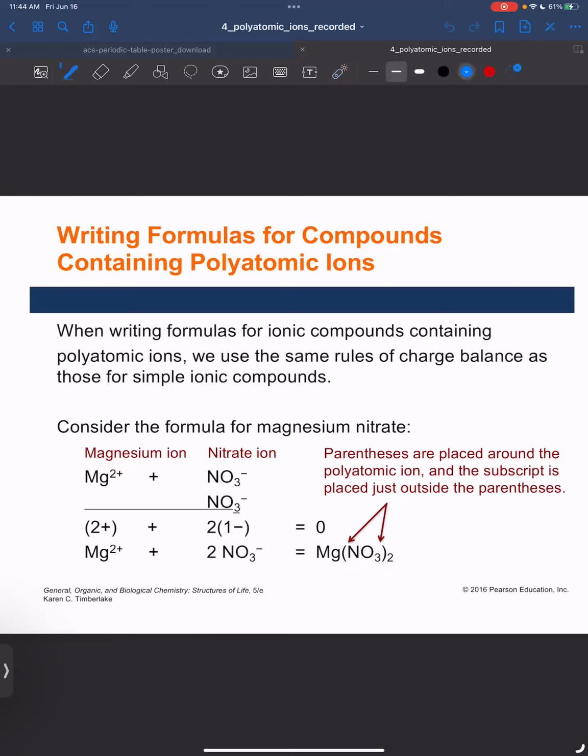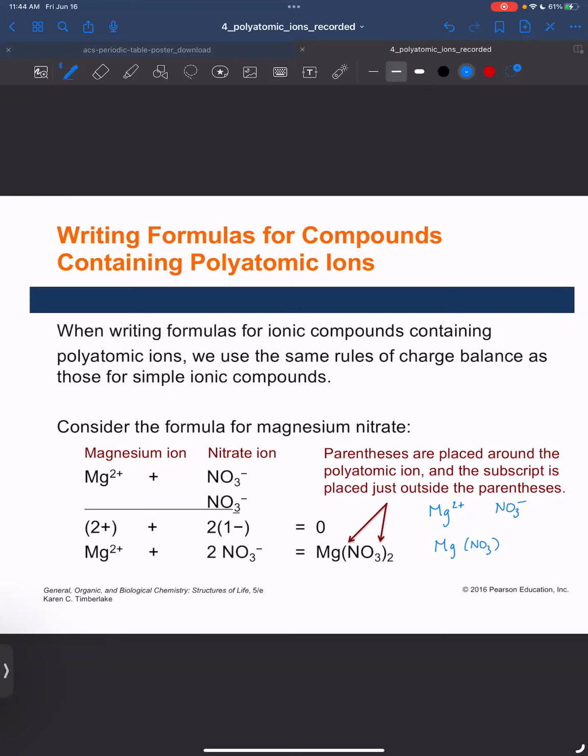Another way to think about this, rather than doing the algebra, is the crisscross rule. I like to have students just write down the cation and the anion, and then immediately always put parentheses around the polyatomic ion. You can erase them later if they're not needed.